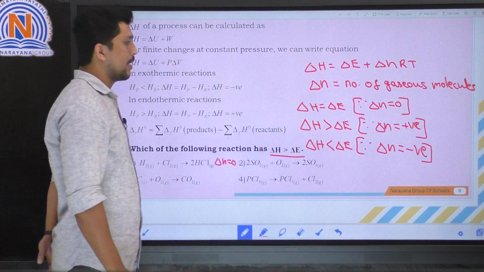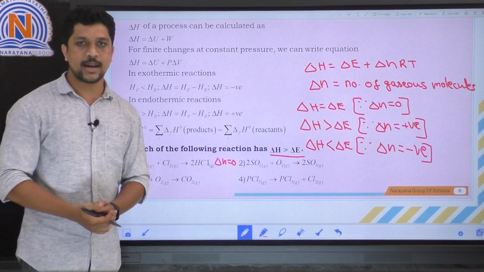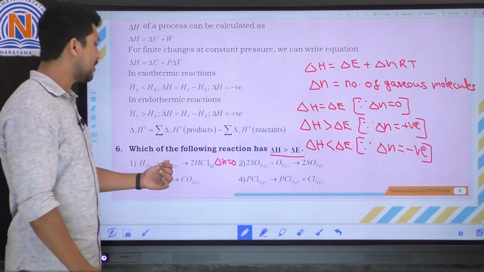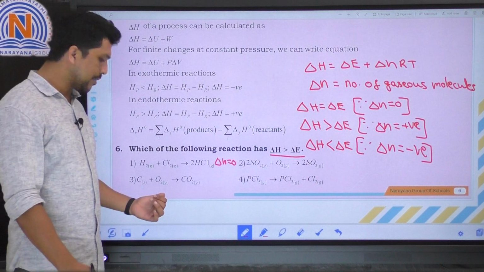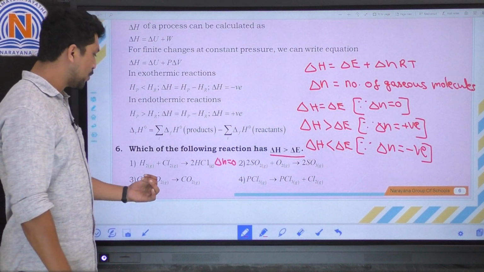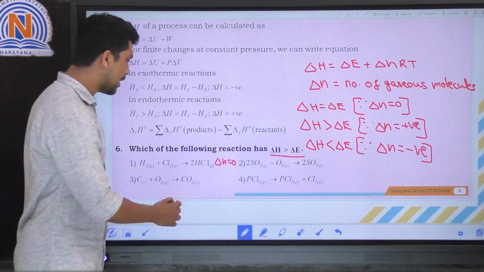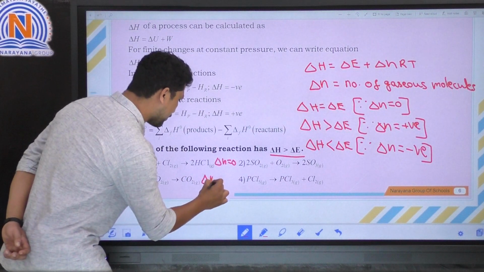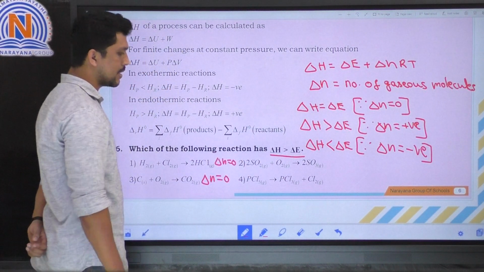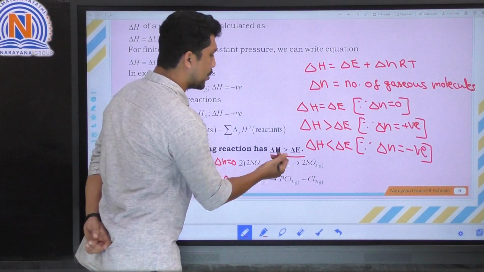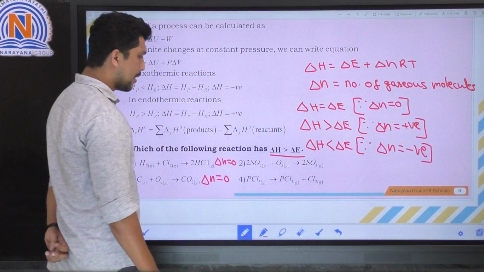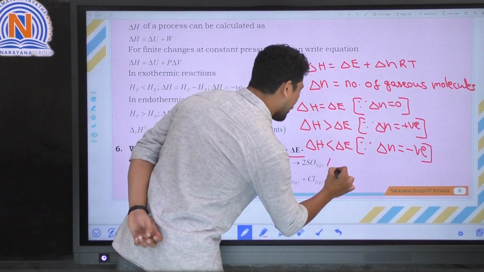Now see which reaction has delta n positive, right? The first reaction has delta n equal to 0, and in the second reaction, C plus O2 gives CO2, the delta n is also 0. In the third reaction, 2SO2 plus O2 gives 2SO3, the delta n will be negative.